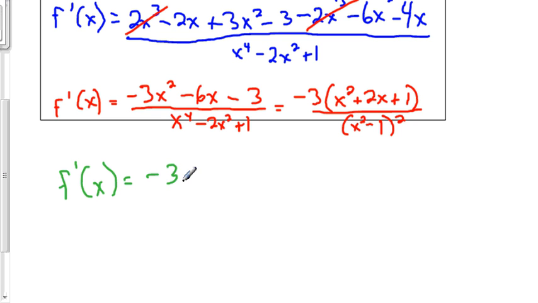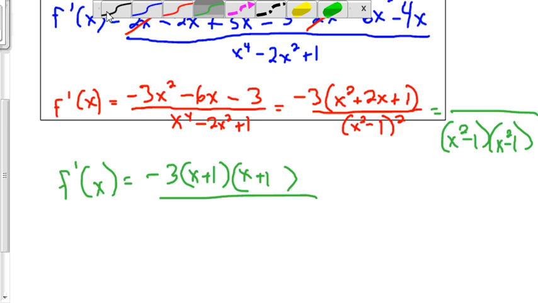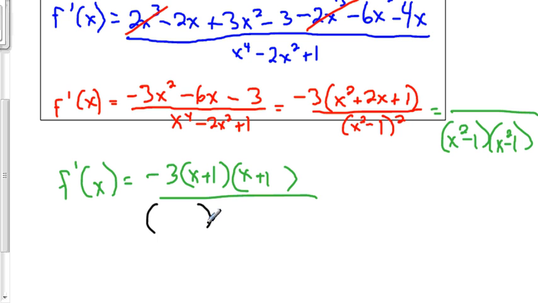So we get -3. Hey, I know this is x plus 1 times x plus 1. I know this x squared minus 1 all squared is x squared minus 1 times x squared minus 1. So I can now write this as x squared minus 1 is x plus 1 times x minus 1. That's this one.